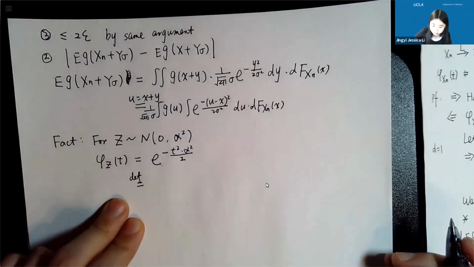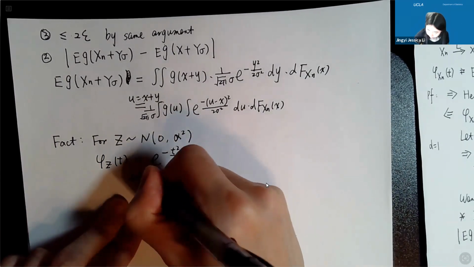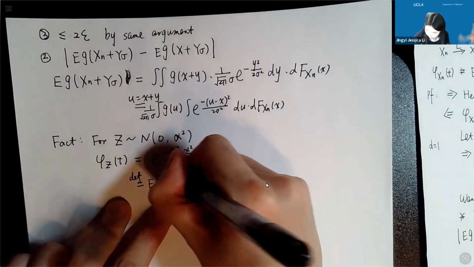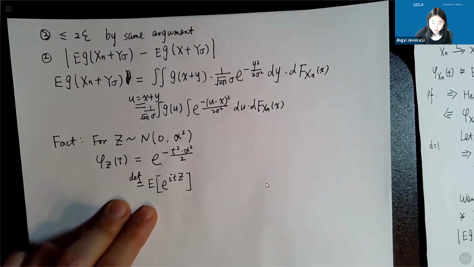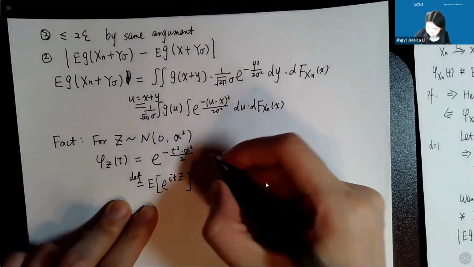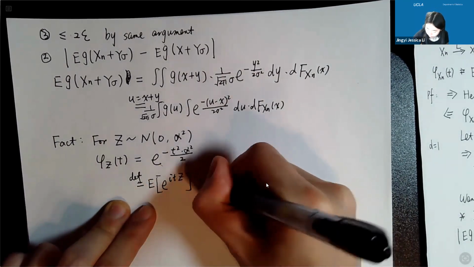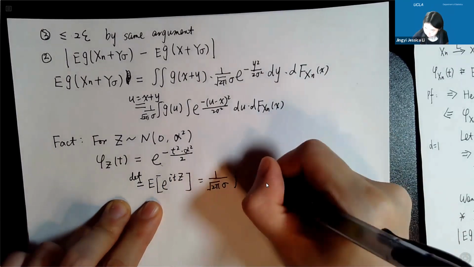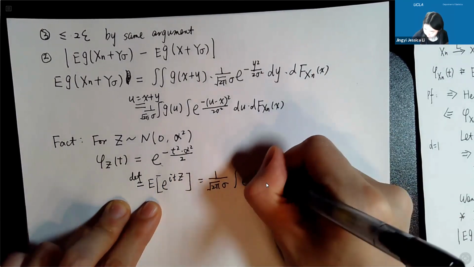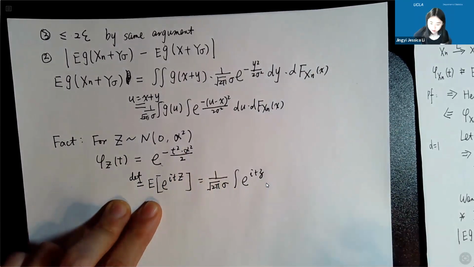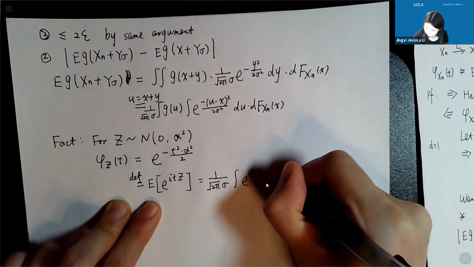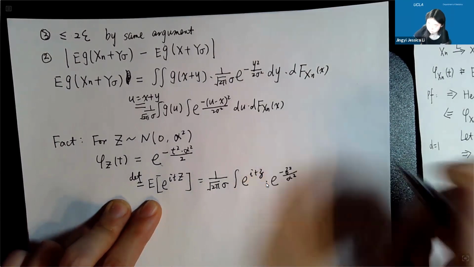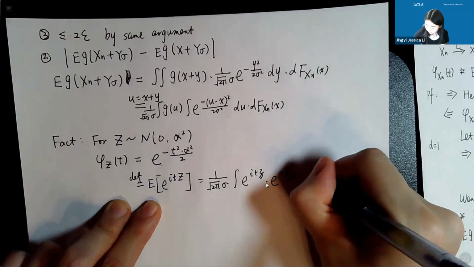The definition of the characteristic function here is the expectation of e to the i t Z. That's the definition. And then we can write it out, and it's actually, again, 1 over root 2 pi sigma, because Z is Gaussian, times the integral of exponential i t z, with lowercase z being the argument in the density, times exponential negative z squared over alpha squared, dz.